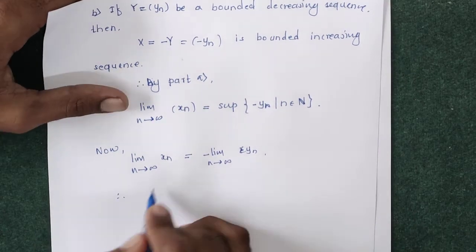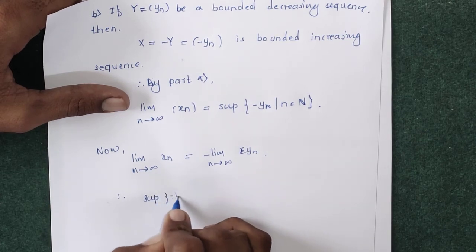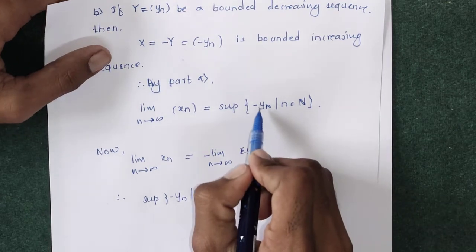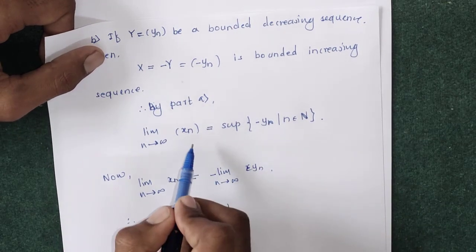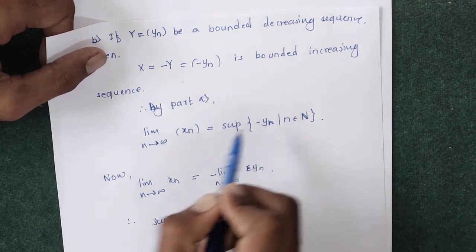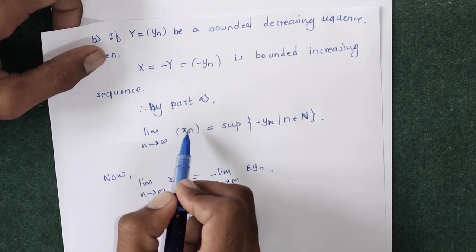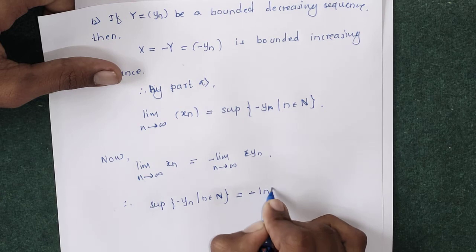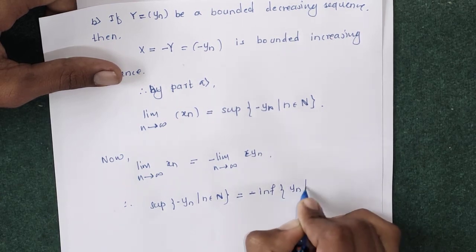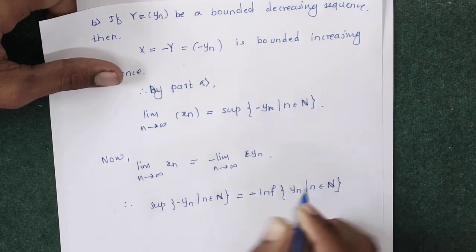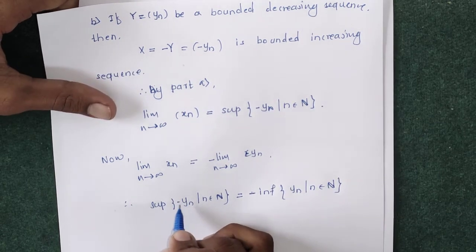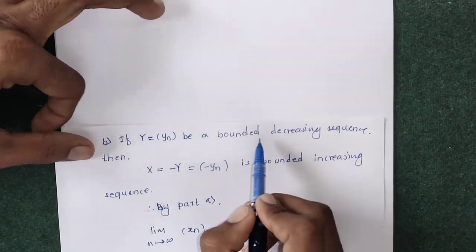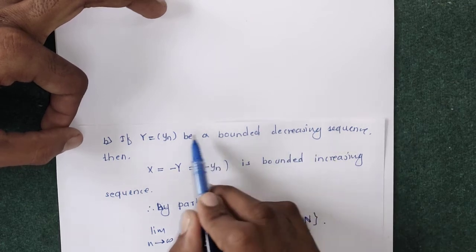Therefore we can write the supremum of minus yn such that n belongs to the set of natural numbers. The supremum of minus yn is equal to minus the infimum of the sequence yn, such that n belongs to the set of natural numbers, because the sequence yn is a bounded decreasing sequence. Bounded decreasing means this sequence has an infimum.